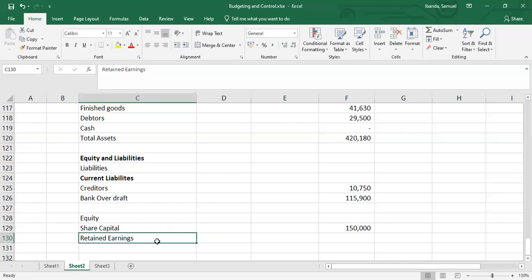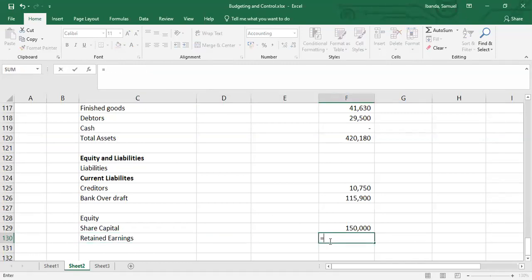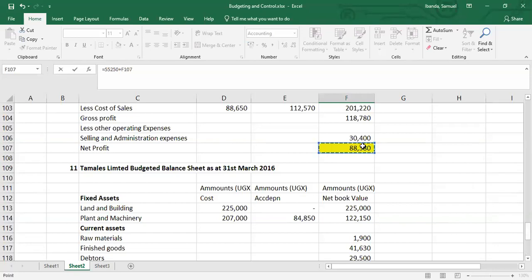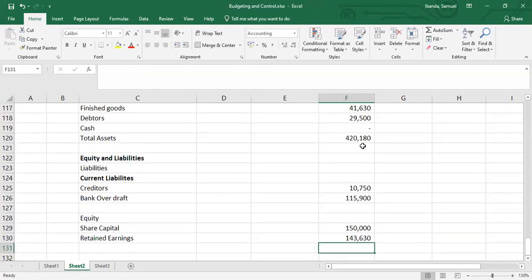Now, retained earnings, we shall look at the retained earnings we started with. We started with 55 in the balance sheet that we started with, 55,250. And then we shall go ahead to add the profits we got from up here, this 88,380, okay?